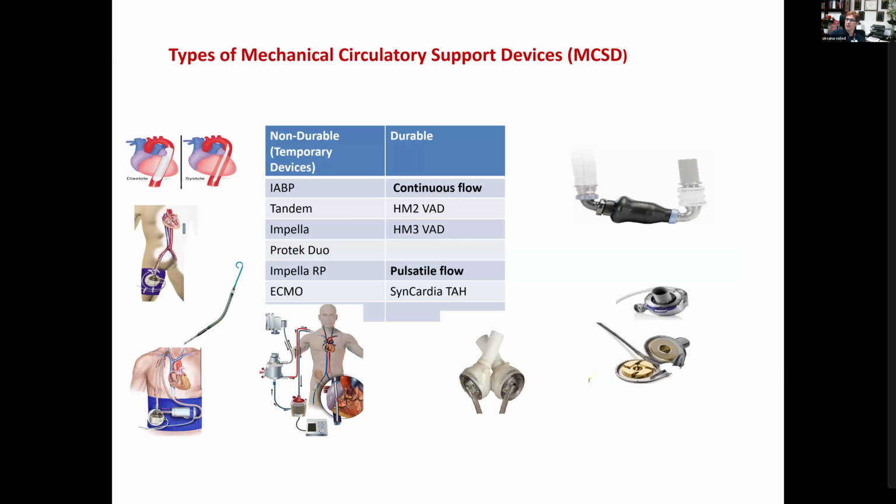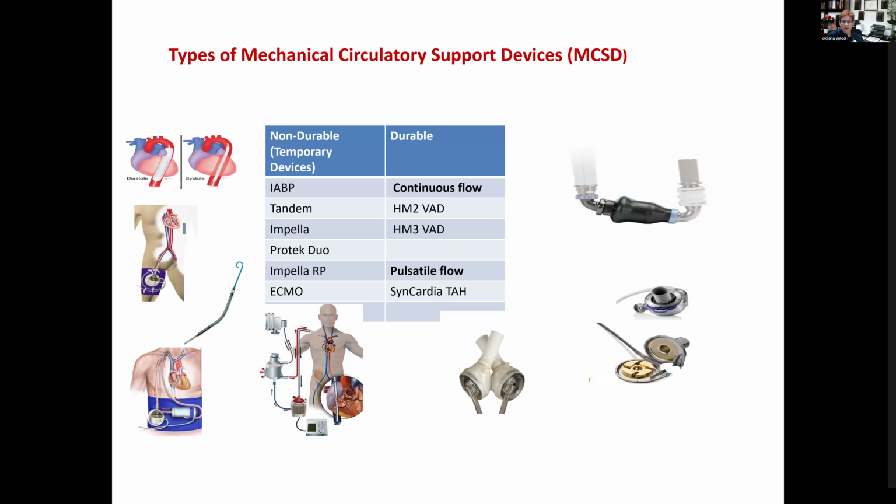Now, when we turn to the devices, because again, one of the main topics of the discussion today is mechanical circulatory support, it brings additional risk factors to a patient who already has the hypercoagulable state that they may have during heart failure. And the devices can be either short-term or durable devices.